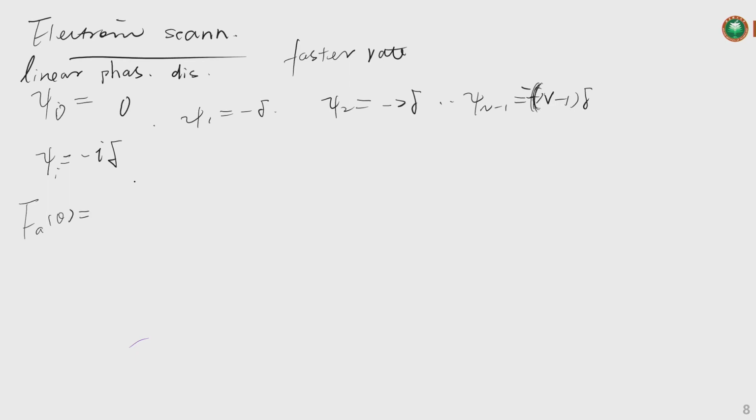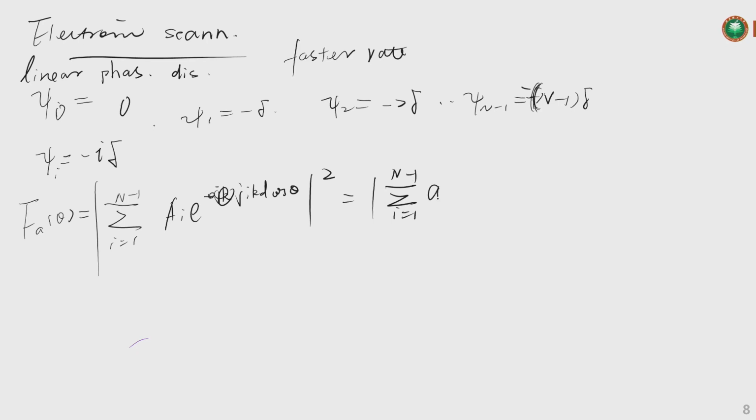So it can be represented as the absolute value of the sum of A I e to the minus j I k d cosine theta, squared, and of course the sum from I equals 0 to n minus 1 of A I e to the j psi I, all right?